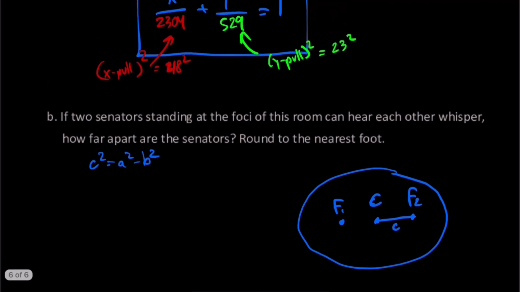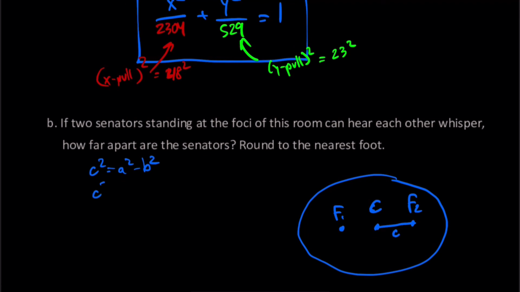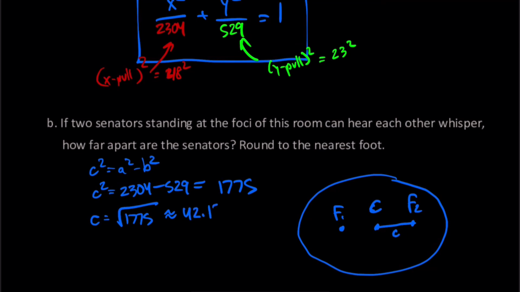Take a look at the equation from up above. C squared equals 2304 minus 529. And let me throw that into the calculator. I got 1775. So C equals the square root of 1775, which is approximately 42.13. Now, remember, what is 42.13?